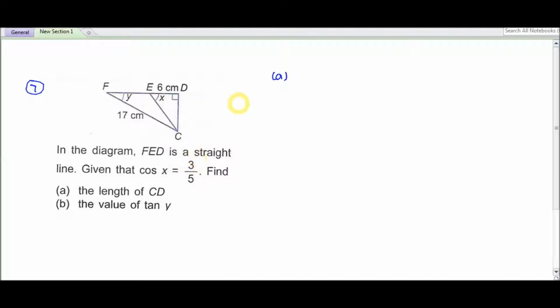Given by the question, cosine x is equal to 3 over 5, and we know that cosine is CAH. So 6 over CE is equal to 3 over 5. From here we can get CE.